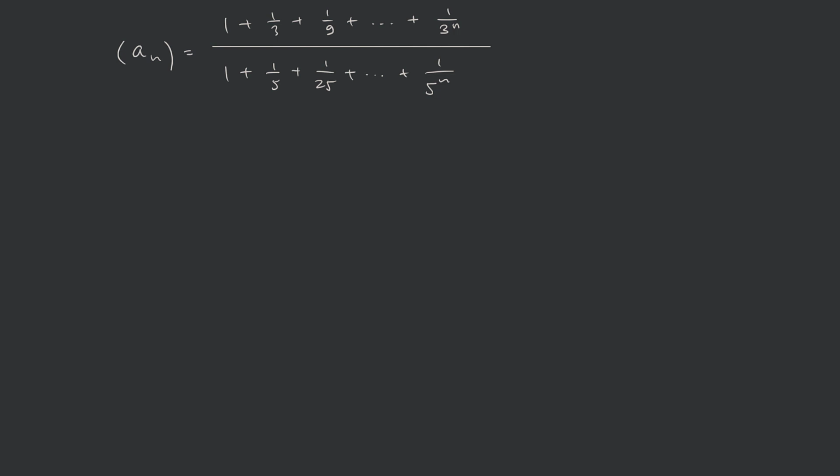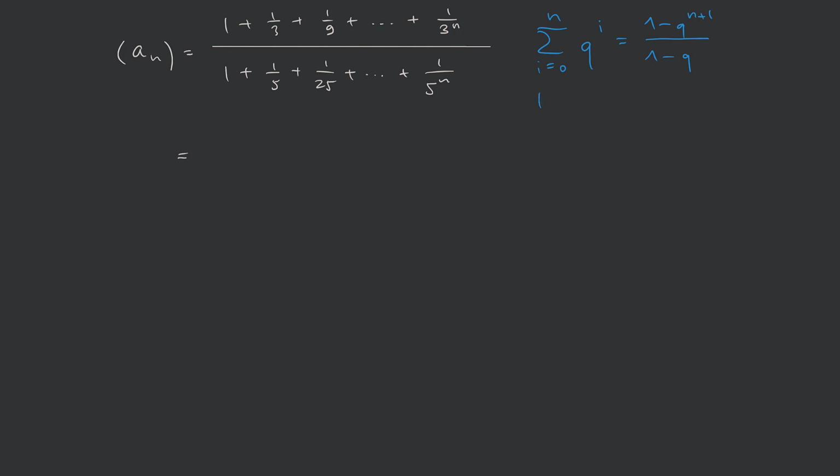Again, as you very carefully paid attention in my video on geometric series, you know that both the numerator and the denominator are geometric series. A geometric series has the general form sum over i equals 0 to n of q to the power of i equals 1 minus q to the power of n plus 1 over 1 minus q.